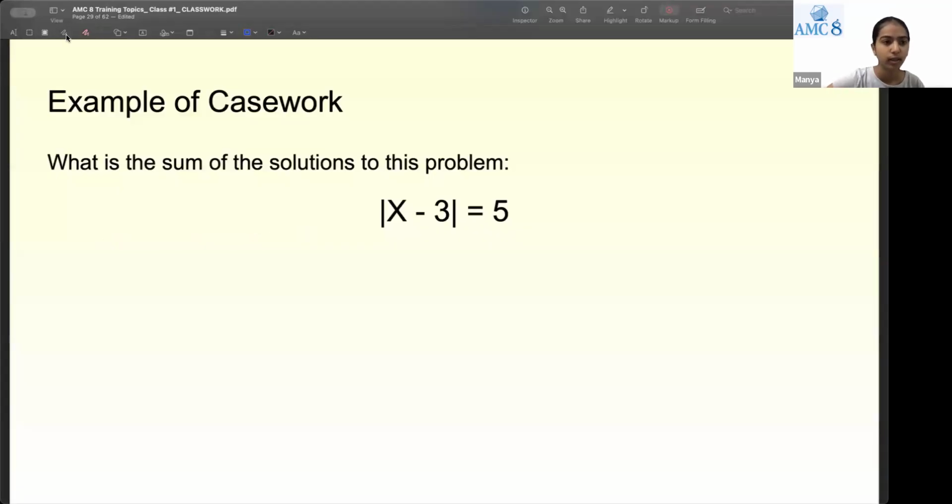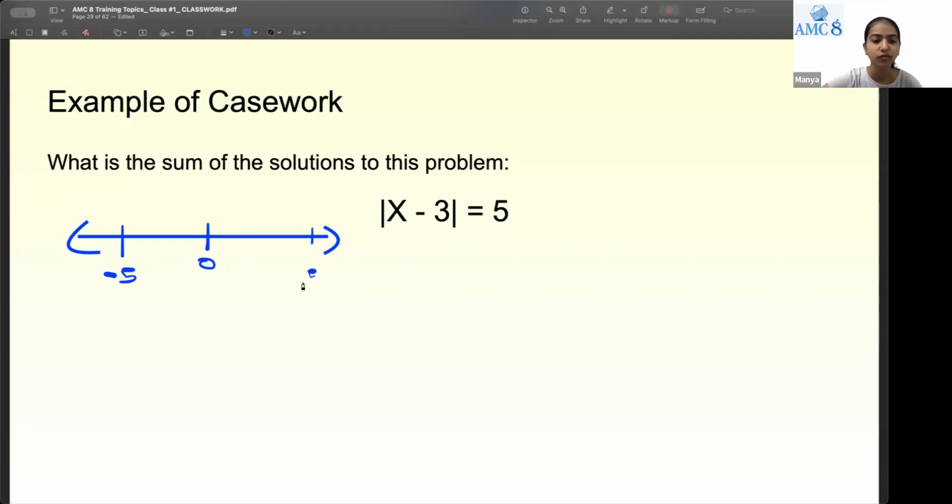So let me draw a number line right over here. Suppose that this point is 0, this is -5, and this is 5.